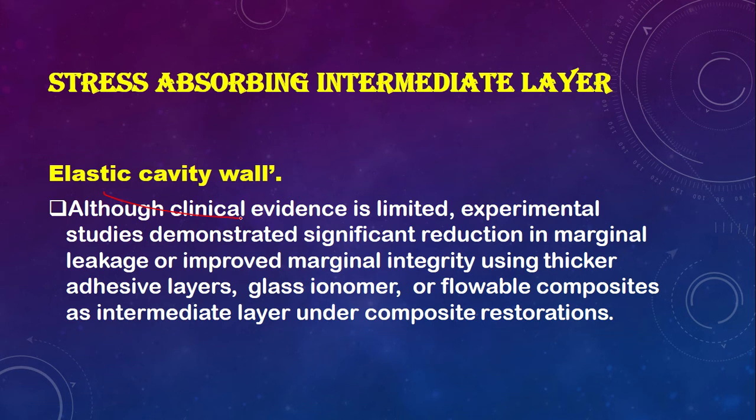For this we place adhesive layers, that is a glass ionomer or a flowable composite, which generally has a lower modulus of elasticity, and this will reduce the shrinkage stress. Whenever the stress is generated, it is absorbed by the intermediary layer.